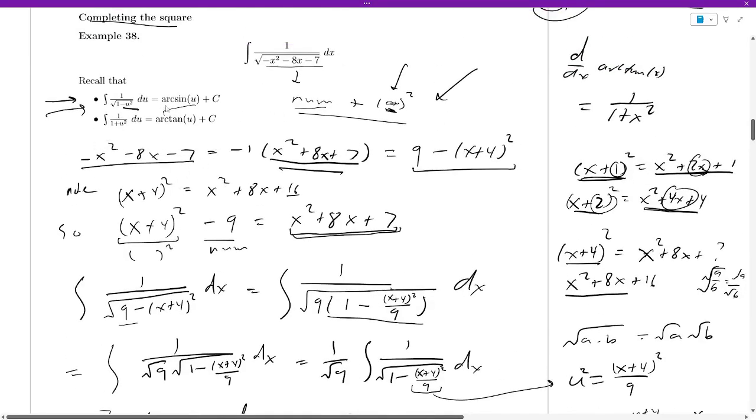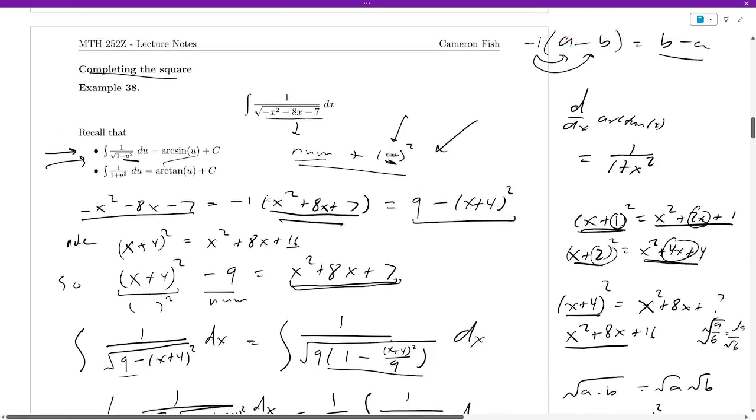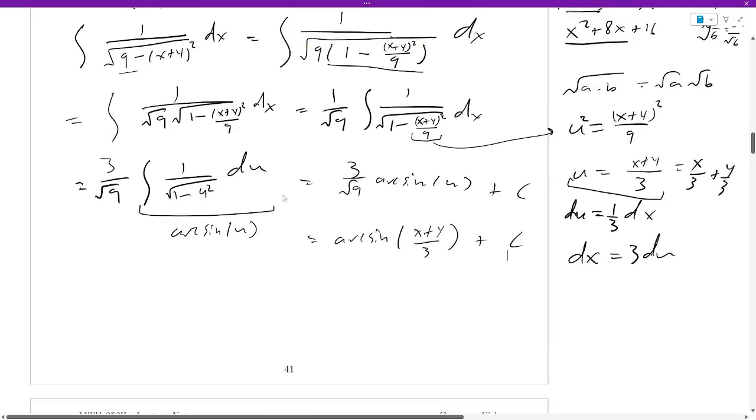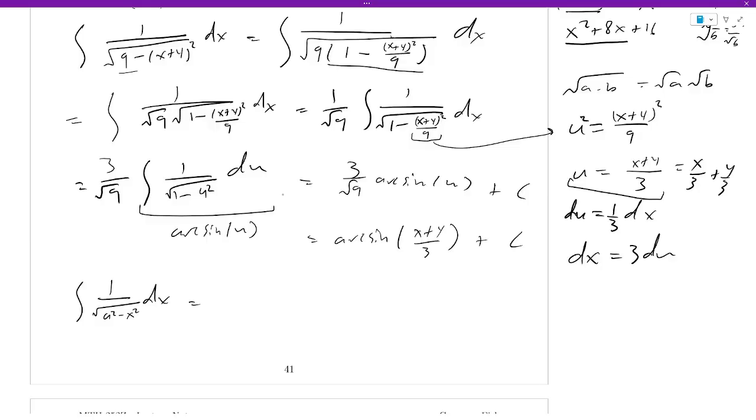However, you can shortcut things a little bit. In this particular problem, we still had to complete the square no matter what, but you may have seen, if you're looking in an integral table or something, that if it's 1 over the square root of a squared minus x squared, then that's 1 over a arcsine of x over a.